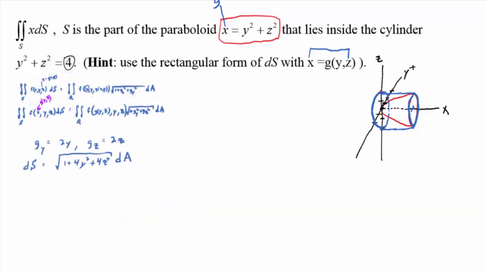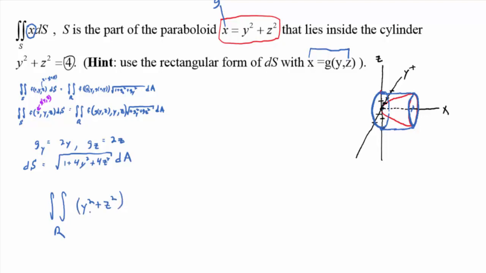So we need to start setting up this integral then, right? So, okay, it's the double integral. It's going to become the double integral over r. We'll talk about what r is in a second. But what's the x going to become? That's going to be the y squared plus z squared, right?